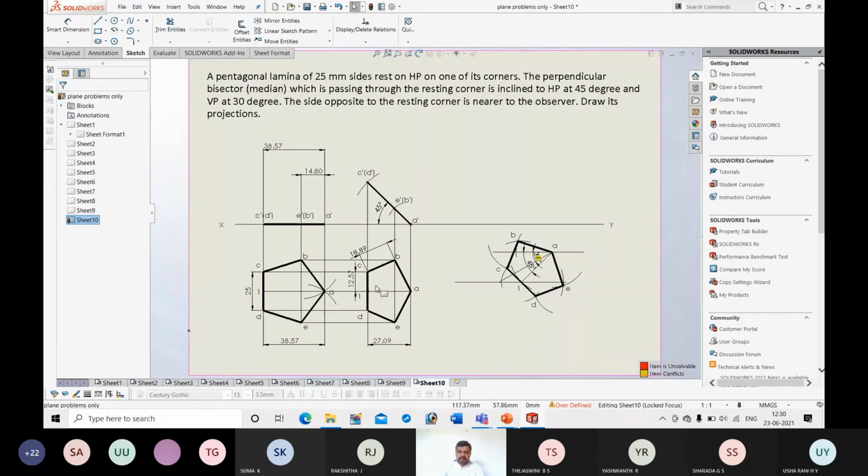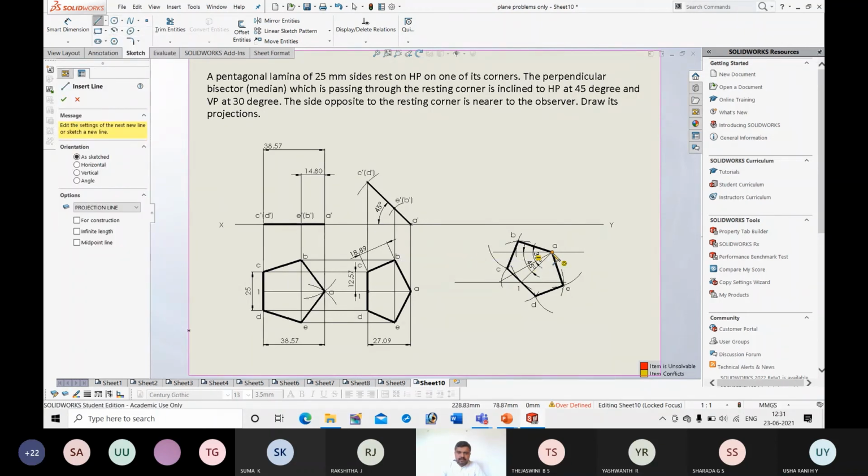Okay, so this is same top view in different orientation. So we are here A1 is parallel to XY line. Here it is making an inclination of beta with XY. That means it is inclined at beta to VP. Okay, next after this, project the points and get the final view.